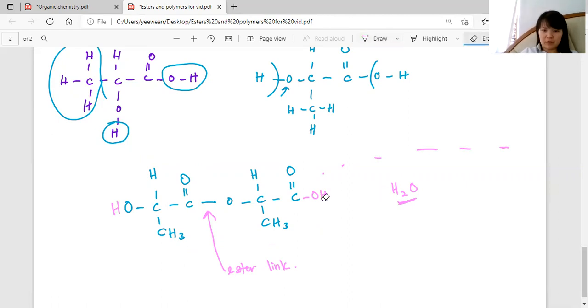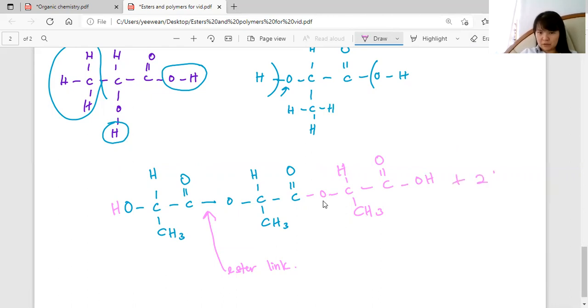But if I carry on and make 1 more repeat unit connected here, so repeat this again, O, H, CH3, CO, and then I complete it with an OH, then I would have 2 water molecules. Now it's balanced.